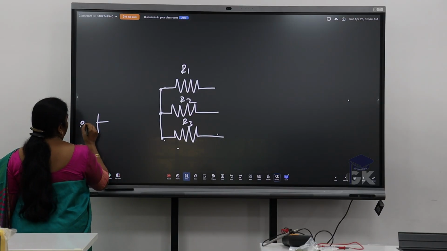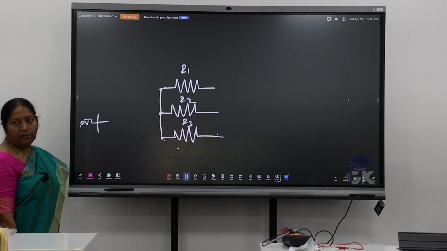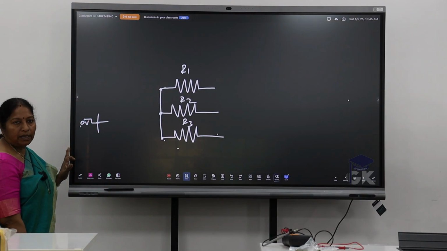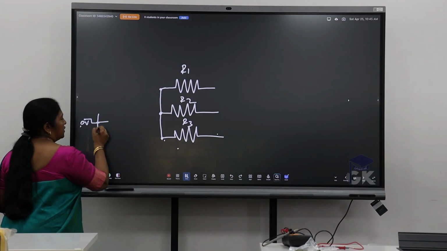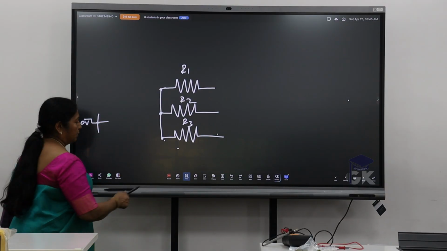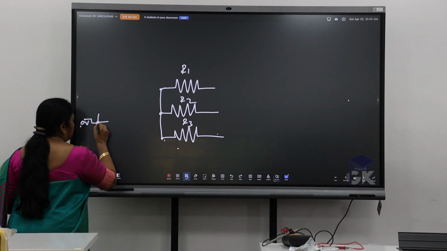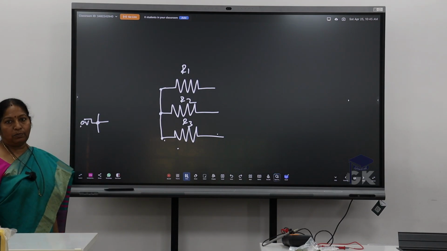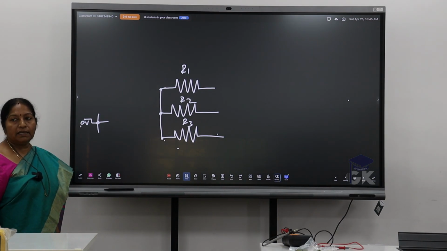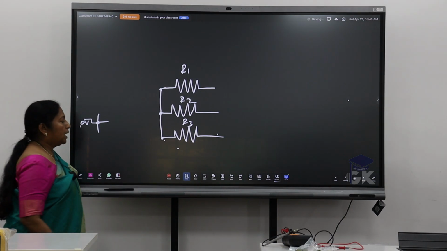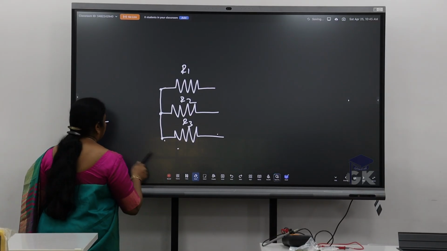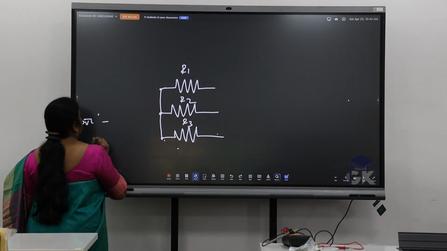This point has been connected like this, so it does not mean that this point and this point have been joined together. If I put a dot here, then it says that it is a junction point. So then it is connected. So sometimes otherwise to clarify, we can see that they'll put a jumper.